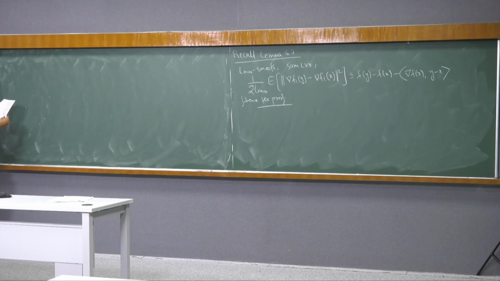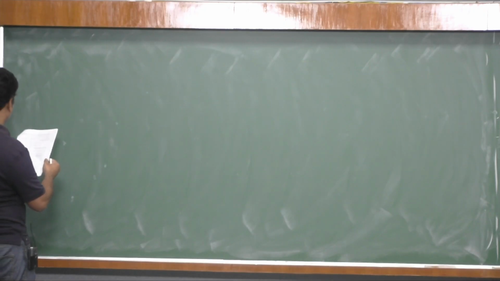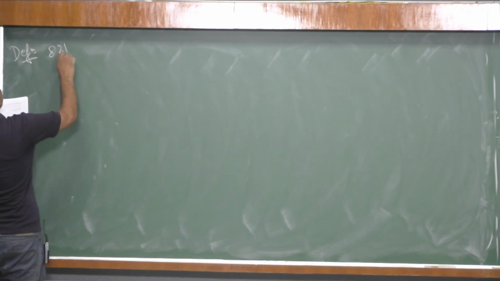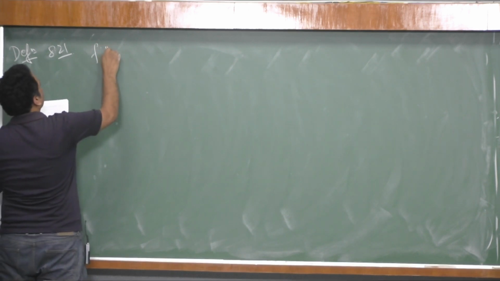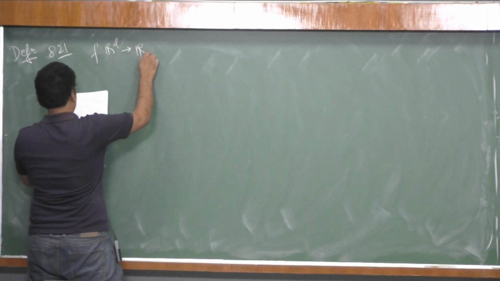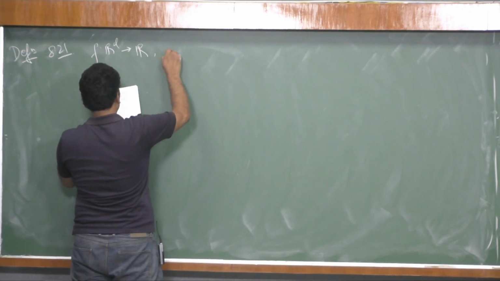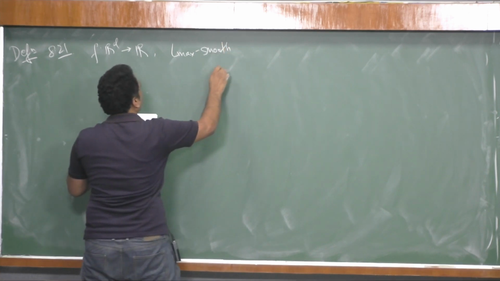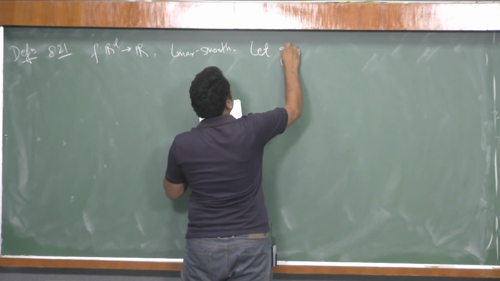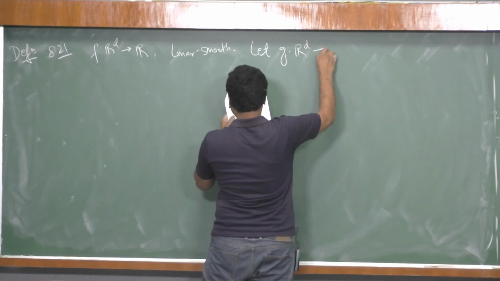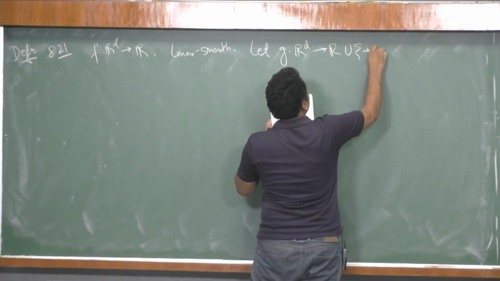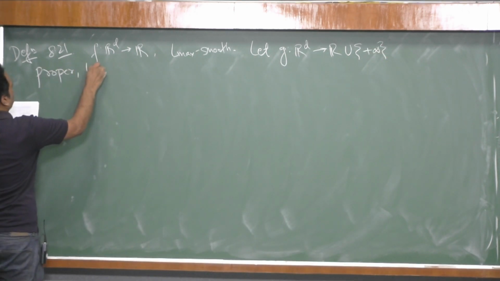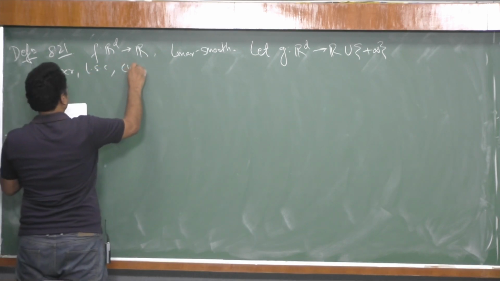So we are done with 8.20. Now we have definition 8.21, and this says f from Rd to R, and this for L-max smooth, and let G from Rd to R union infinity be proper, LSC and convex.